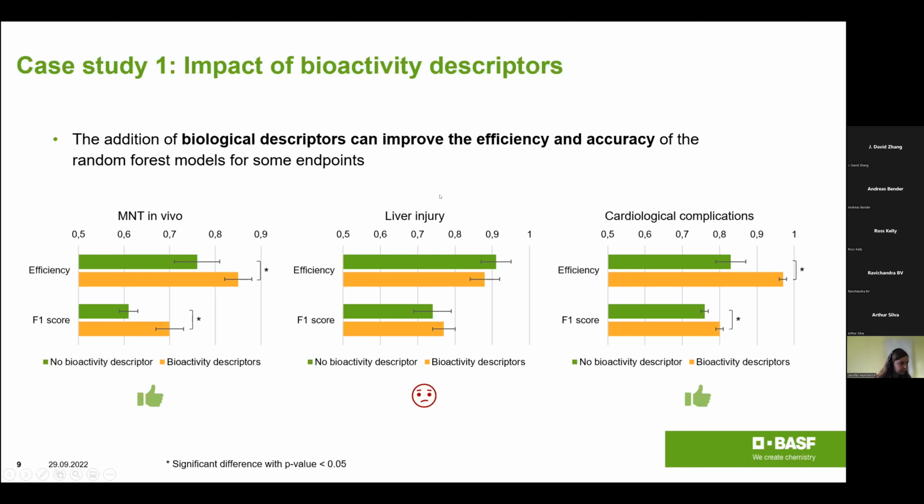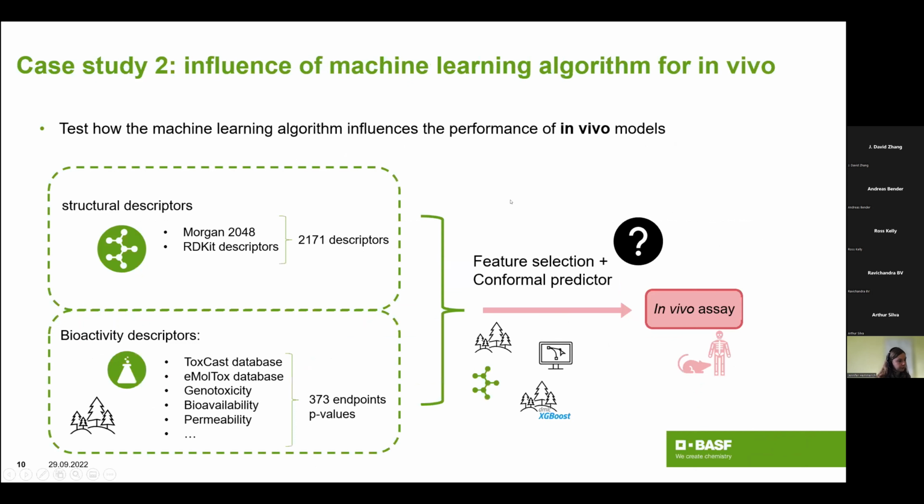Now we've tried this with a random forest, and it worked very well. The more interesting thing, also if you look into the liver injury, is whether we can use a more sophisticated algorithm for the later prediction model.